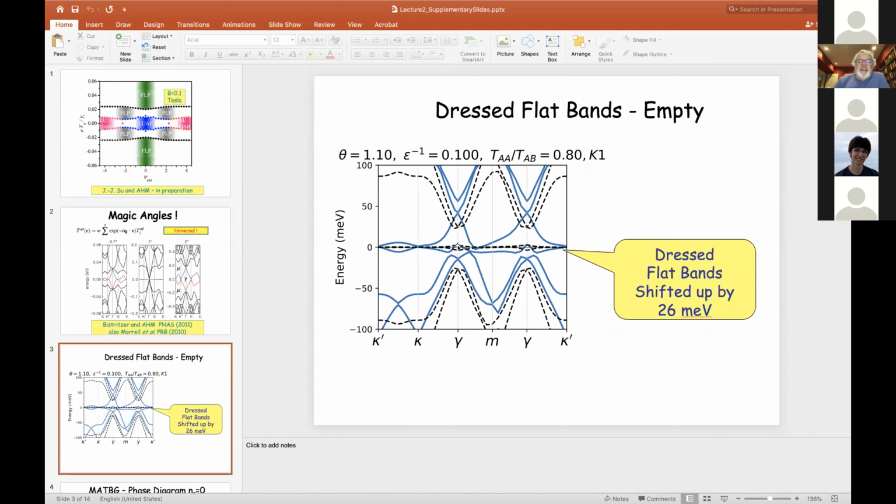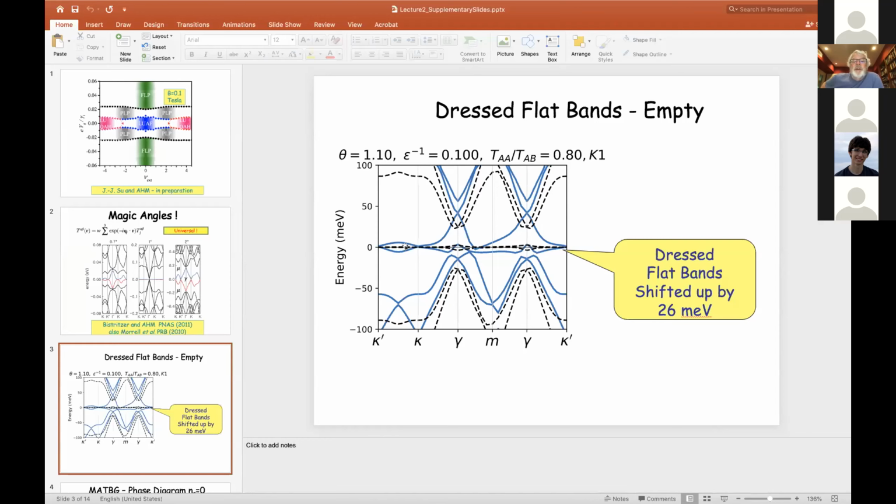This slide is emphasizing one of the very important complications, which is in understanding interaction effects inside these very flat bands. It's the fact that the wave functions aren't the same throughout the Brillouin zone, and how that impacts interactions. So what I'm showing here in black is some version of the single particle flat bands that I showed you previously.